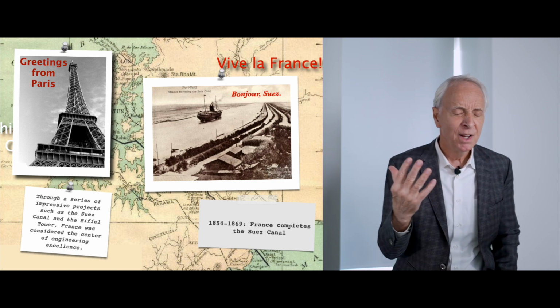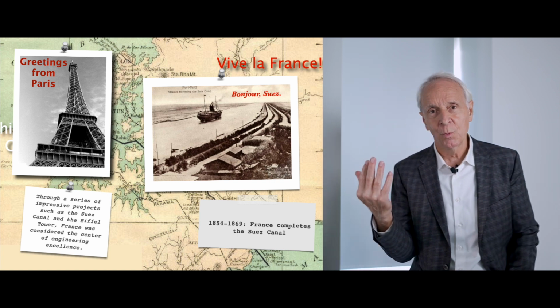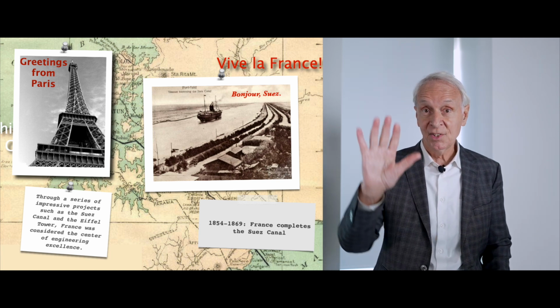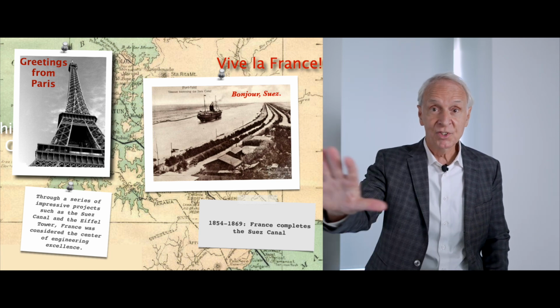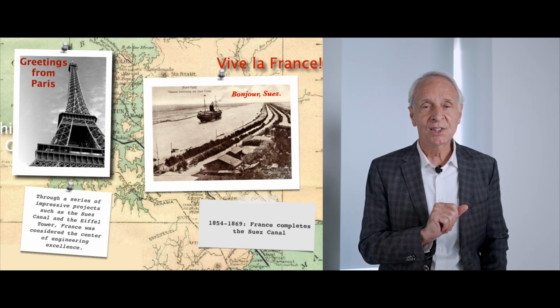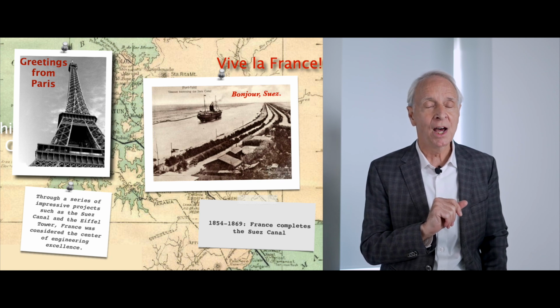And at the time, the French were the big engineers in the world. They had the best engineering schools. There were really two things that set them apart. One was the Suez Canal, which everyone knew about. The other one, later in the 19th century, was the construction of the Tour Eiffel, the Eiffel Tower.